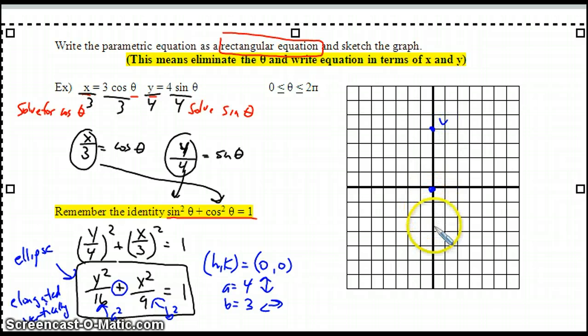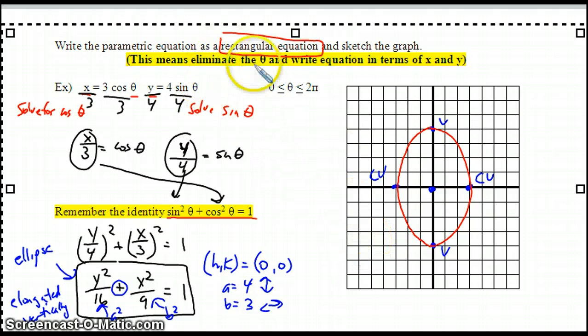That's a vertex. And that's a vertex. And I'll go right 3. Oops, that's a co-vertex. And left 3. That's a co-vertex. And now I can connect my dots to make my ellipse. So it looks something like that.